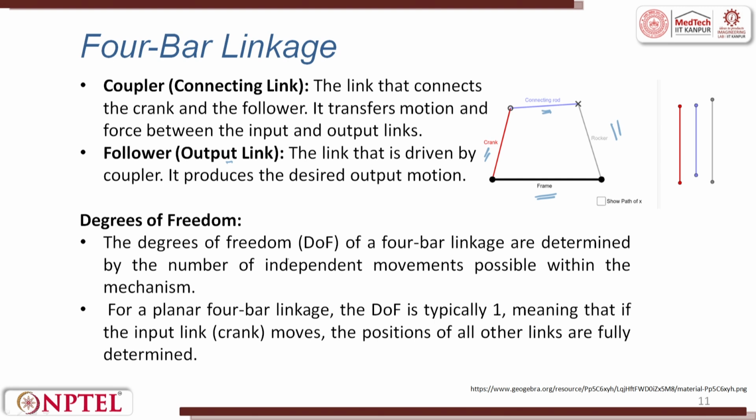The degrees of freedom of a 4-bar linkage are determined by the number of independent movements possible within the mechanism. So, how many different motions it can have independently is what degrees of freedom means. For a planar 4-bar linkage, the degree of freedom is typically 1, meaning that if the input link moves, the positions of all other links are fully determined.